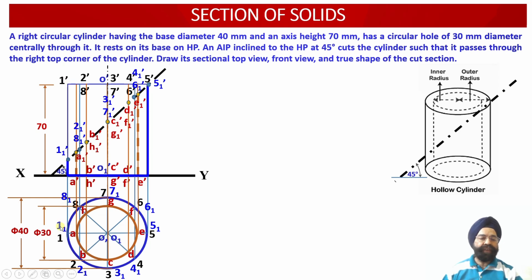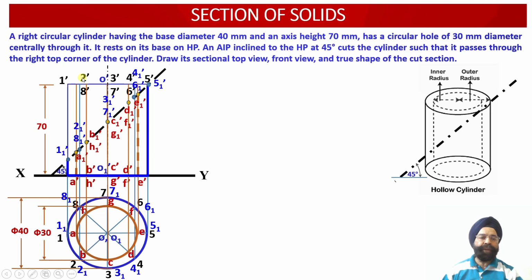So point 11 is the point of intersection which is available on the vertical generator through point 1 dash. If we look at this particular point from the top, we see that point 1 dash and 11 have coincided with each other. Similarly, the point of intersection 21 appears on the vertical generator emerging from the point 2 dash over here.